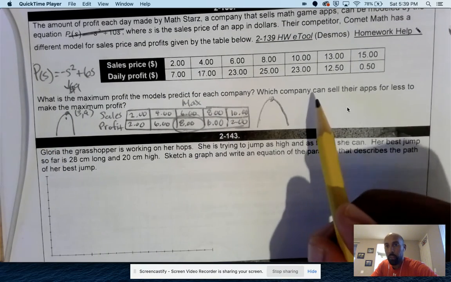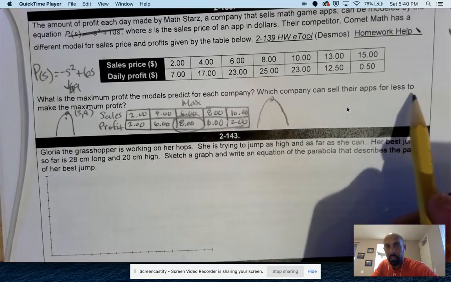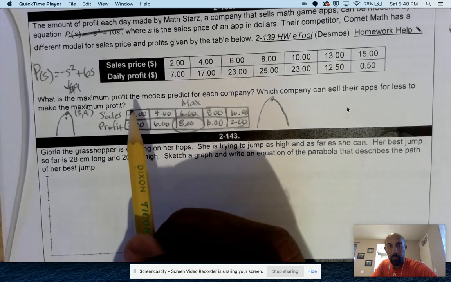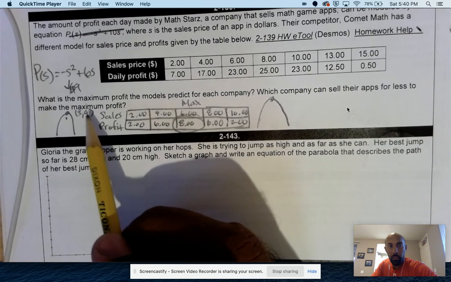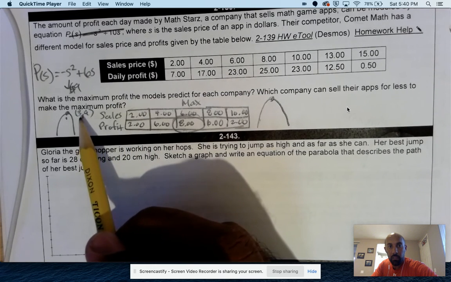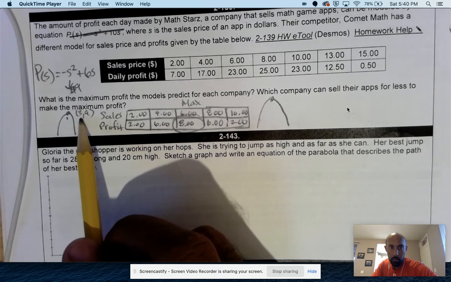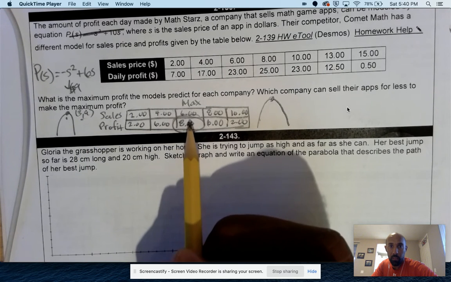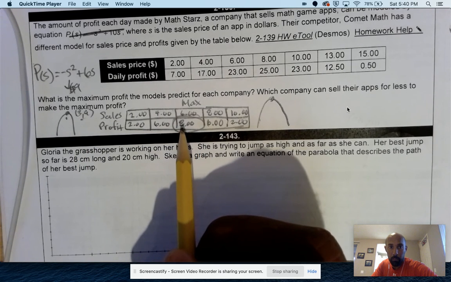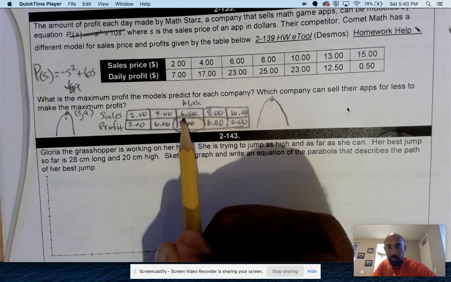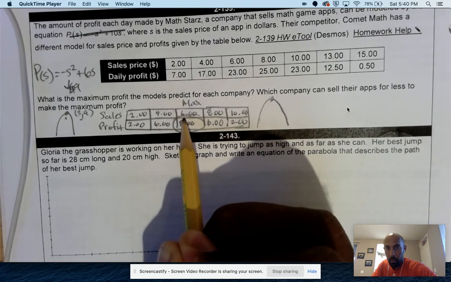Okay, so which company can sell their apps for less to make the maximum profit? Well, their max profit was $9, and they're selling at $3 per app, whereas this company is making $8 and selling at $6 per app.